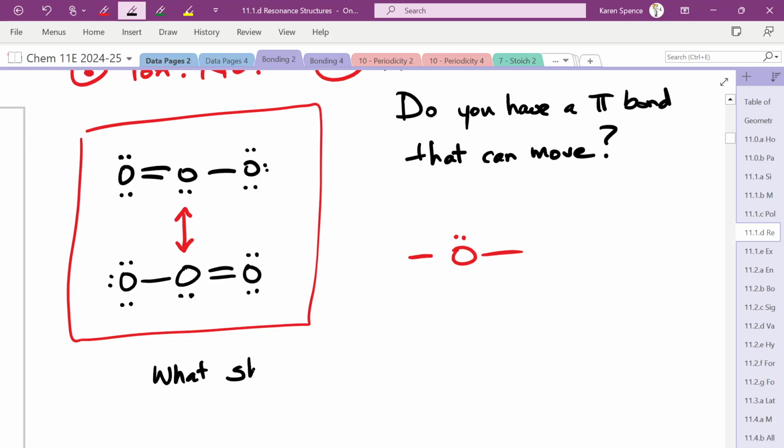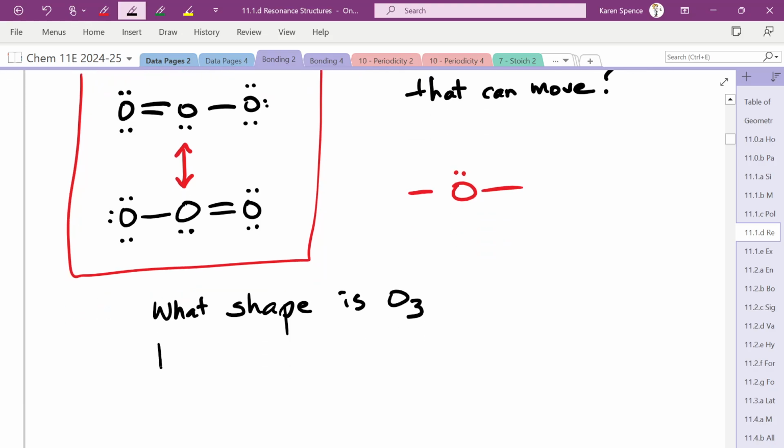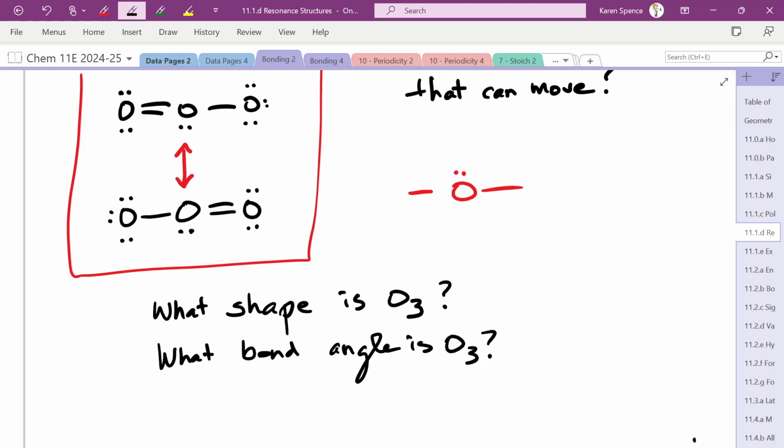Now, just before we carry on, what shape is O3? And what is the bond angle in O3? It's not linear. Have a little chat about that. It's not linear.